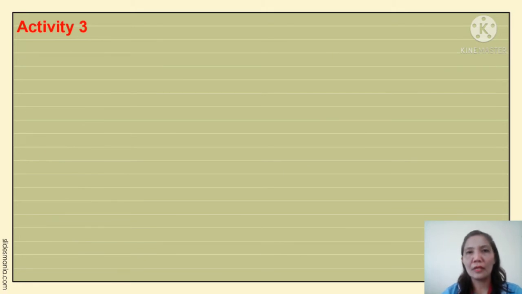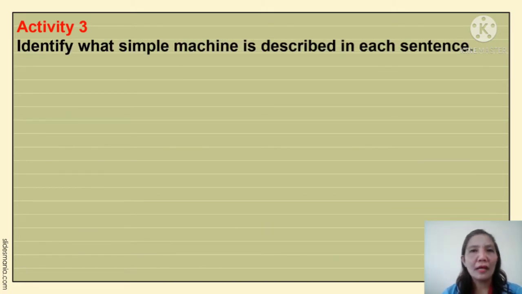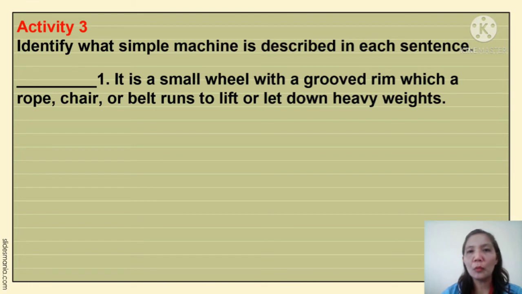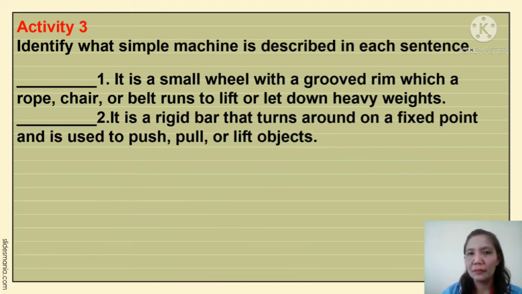Activity 3. Direction. Identify what simple machine is described in each sentence. Number 1. It is a small wheel with a grooved rim which a rope, chain, or belt runs to lift or let down heavy weights. Number 2. It is a rigid bar that turns around on a fixed point and is used to push, pull or lift objects.